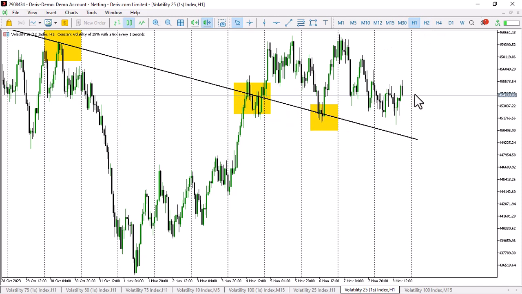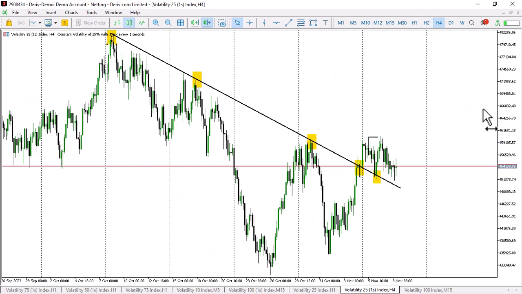On the H1, you clearly see that price is kind of exhausted as it got to the trend line, as you can see here. So what are you doing? You are waiting for price to take out this one right here. So this high, you are waiting for price to move from here to that high. Why? Because this high is a liquidity zone, and what you are doing is you want to be getting to that particular high.